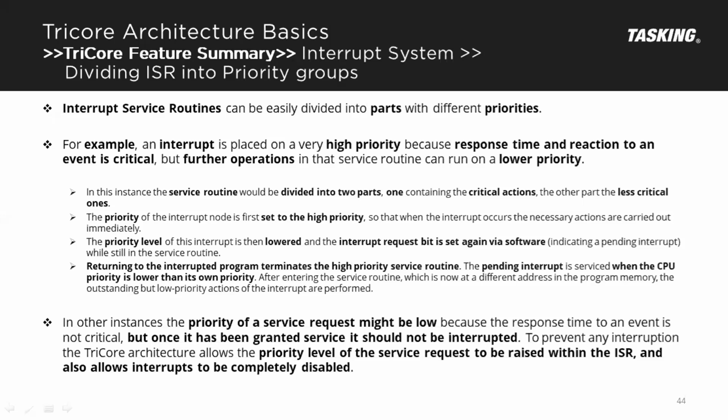Once the first section of the interrupt has been executed based on this high priority, you could lower the priority and then set the bit called the interrupt request bit again. Then this interrupt goes back to the CPU, and the arbitration happens for the same interrupt, but with the newly updated priority. Something like this is doable because you have full control over the interrupt request and the priority. So you have full flexibility if you have different sections of the interrupt that have different priorities.